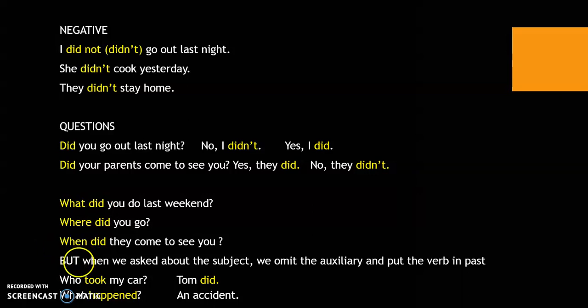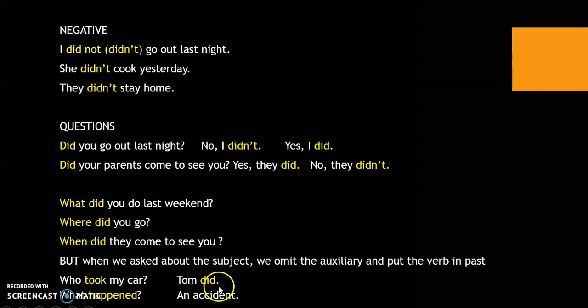But there is one exception, and this is the case of questions when we ask about the subject. When we ask about who or what causes or did something, in this case, we omit the auxiliary and we put the verb in the past. Who took my car?